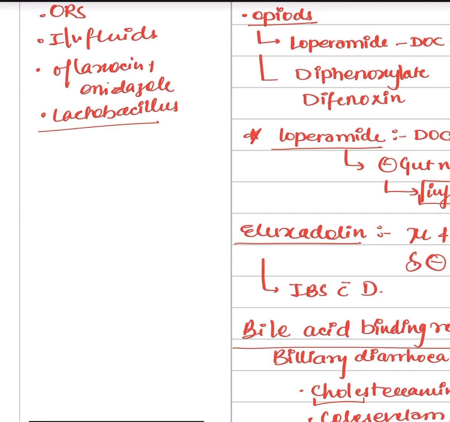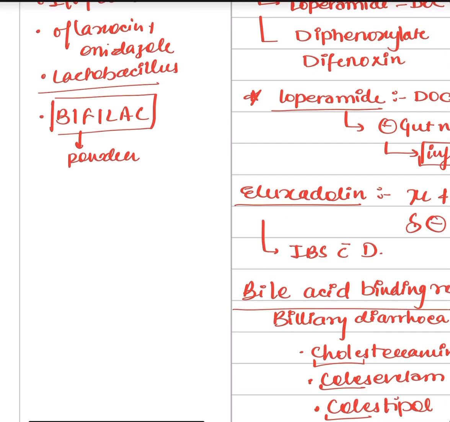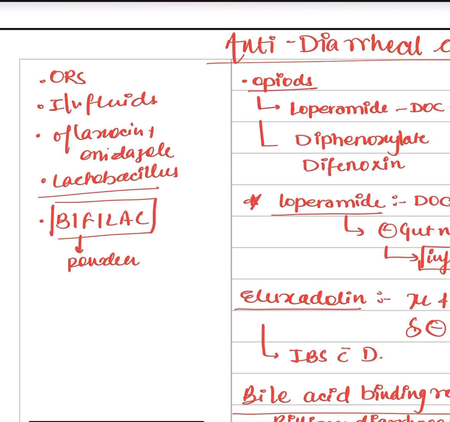So to increase the healthy bacteria, which can recover the gut's healthy environment and stop the diarrhea process, we use lactobacillus. We can use Bifilac. Bifilac is a kind of powder which comes in a sachet, which has probiotics that will improve the gut health and increase the healthy bacteria in the gut. So these are the things which we use.